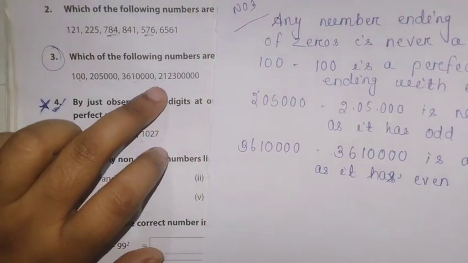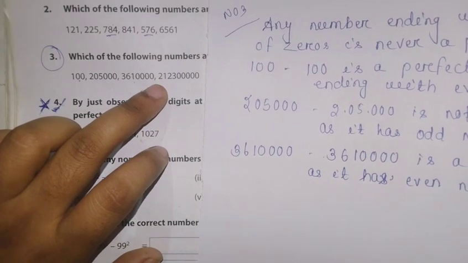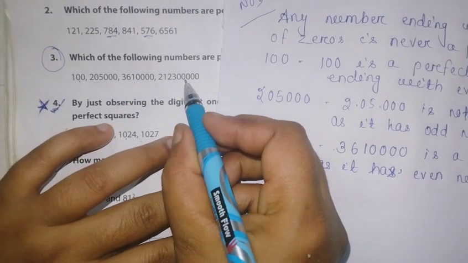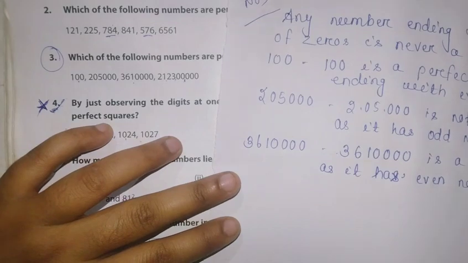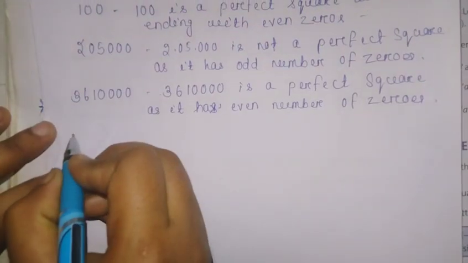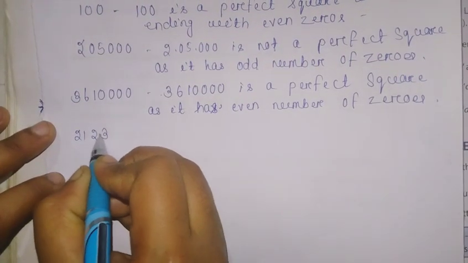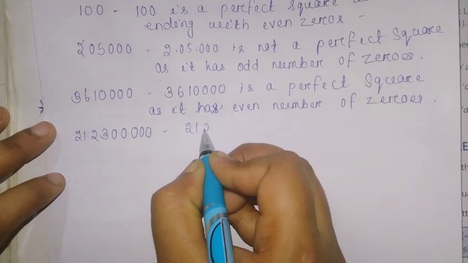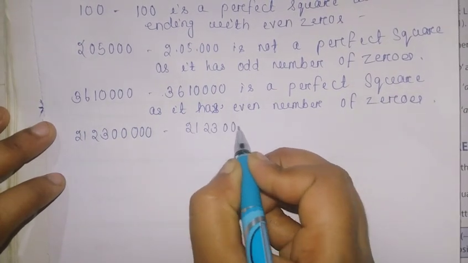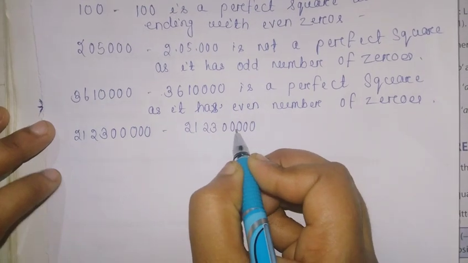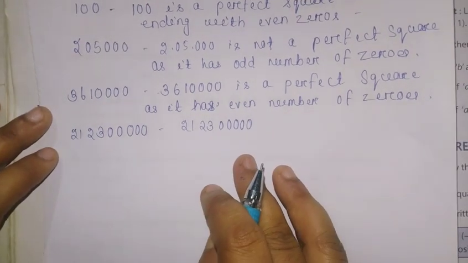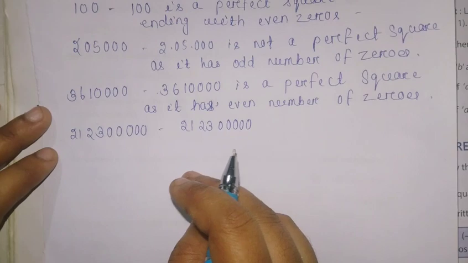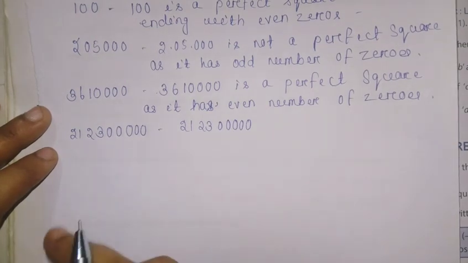Then we solve 21 crore 23 lakh. 21 crore 23 lakh is not a perfect square number, as it has an odd number of 0s. 3 is an odd number.